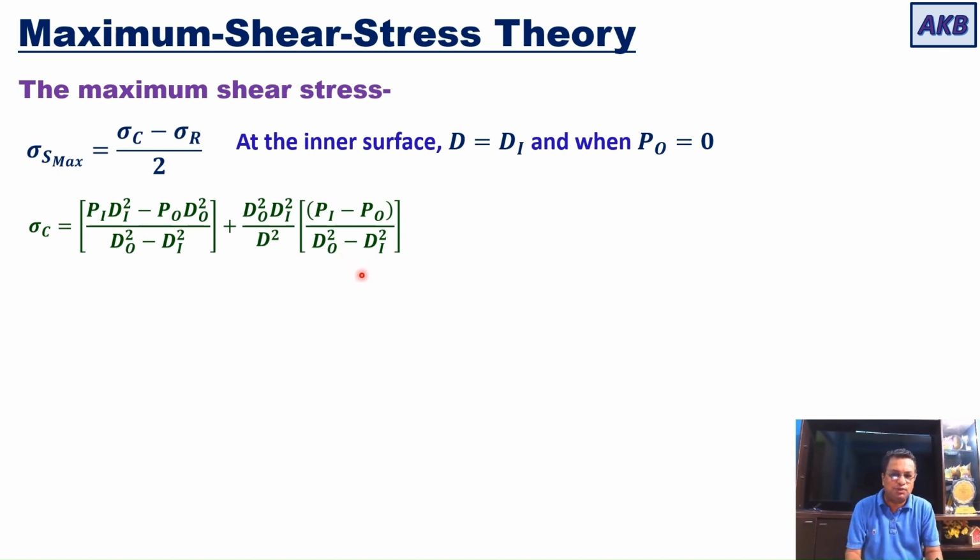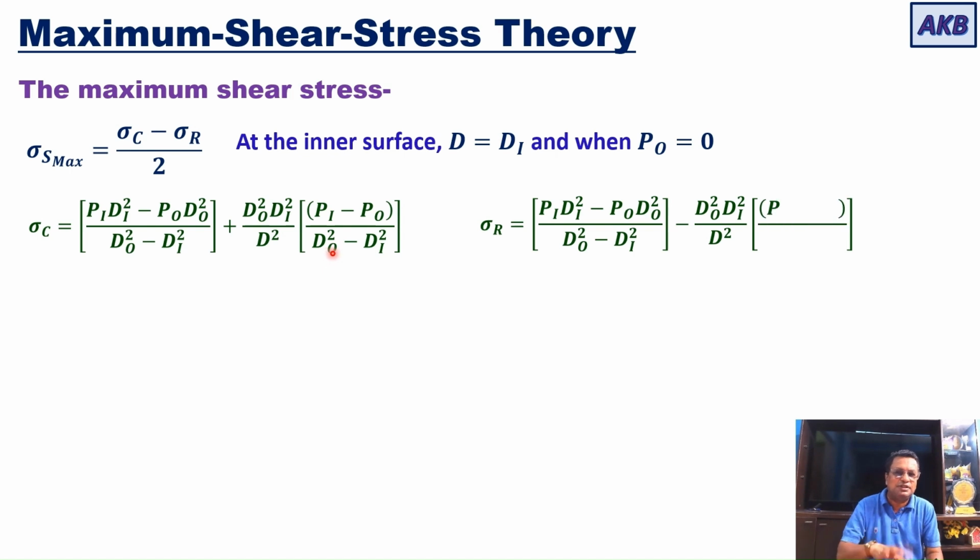I am giving the link to that video in the description section. This equation is written by considering the sign convention. What is the sign convention? Tensile stress is taken to be positive and compressive stress is taken to be negative.